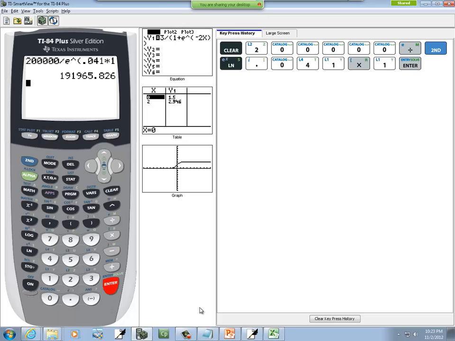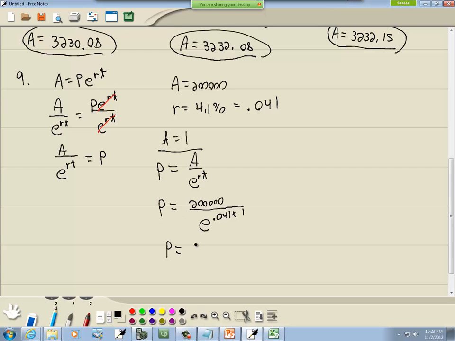And then enter. And that gives us 191,965.83. That's how much our principal would have to be in order to end up with 200,000 after 1 year at this rate.